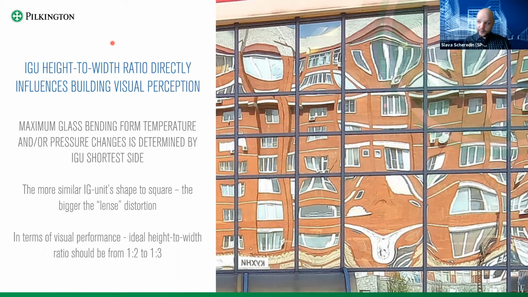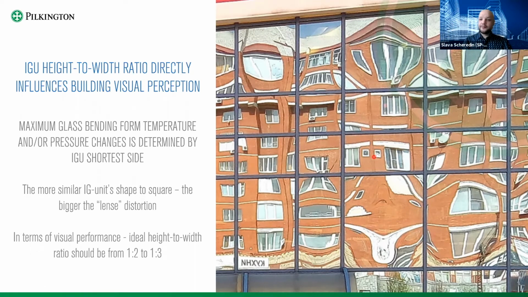And here we go to the very important part of IG unit design, mainly the size and shape. I like this photo, really. Of course, the glasses are highly reflective, and by the bending of the glass, you can see that this is clearly a distortion from climatic load because it's very uniform, like a beautiful bubble.